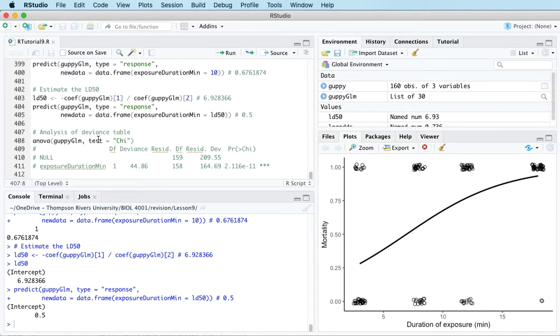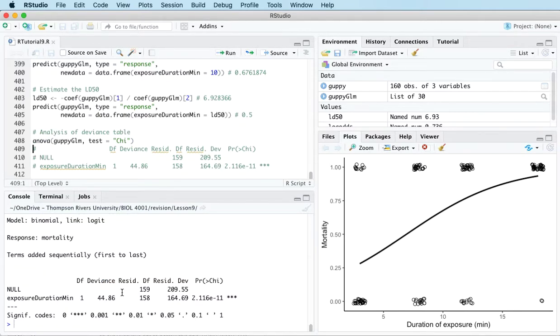This is analogous to the analysis of variance table in linear regression, and that's why we obtain it using the anova function. And we can see here that there's this quantity called the deviance, and this is the test statistic that we're going to use.